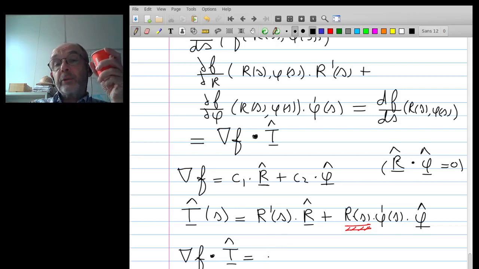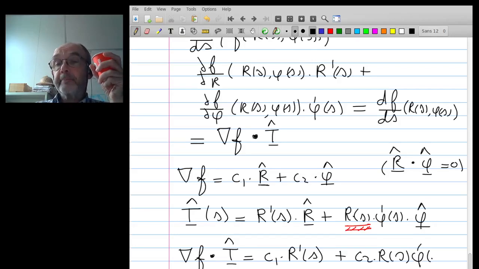We get c1 times the derivative of r plus c2 times r times the derivative of phi. That is what we get out of it, that directional derivative, in the direction of c of your function f.